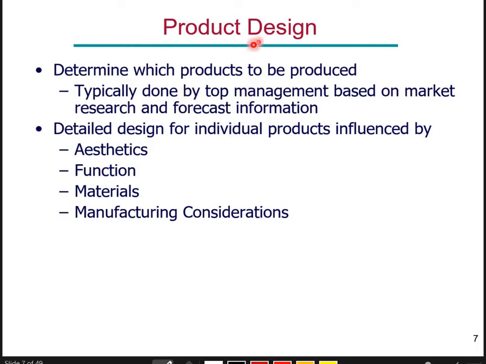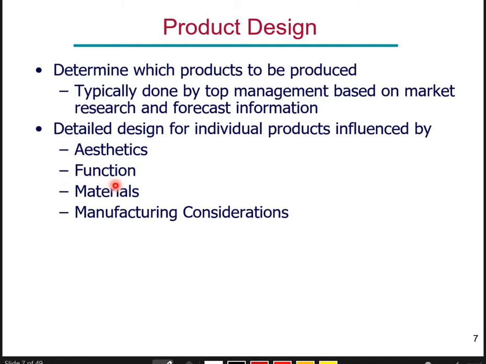Okay. Usually, this is done by the top management, and it's based on market research and forecast information. The detailed design of a product, what to produce, is influenced by different items like aesthetics. So the customers should like it. It should be aesthetic.